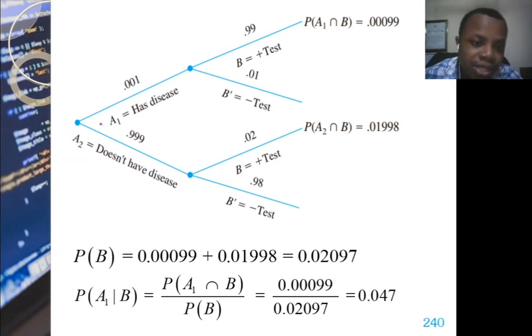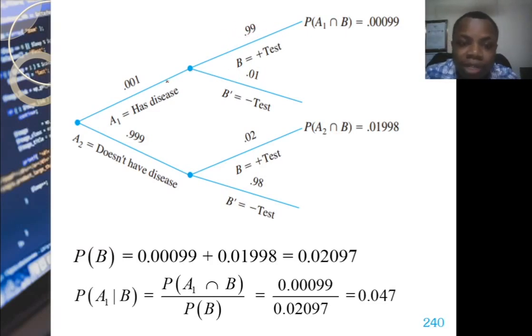So with this rare disease, either you have it or you do not have it. Now if you have it, the probability of the test being positive is equal to 99%, as we have in here.